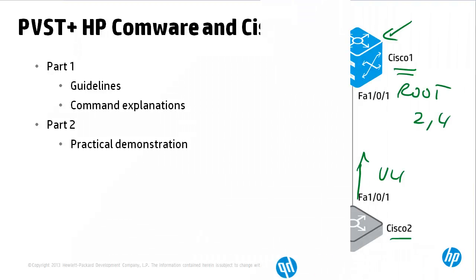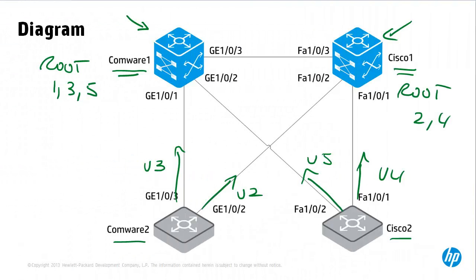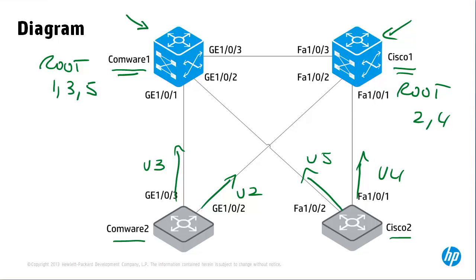Cisco switches. So now let's configure this topology consisting of 2 Comware switches and 2 Cisco switches to use Rapid PVST and also to enable load sharing from the access layer to the core. Now in this topology, the Cisco switches have fast Ethernet interfaces, but the Comware switches have gigabit interfaces.